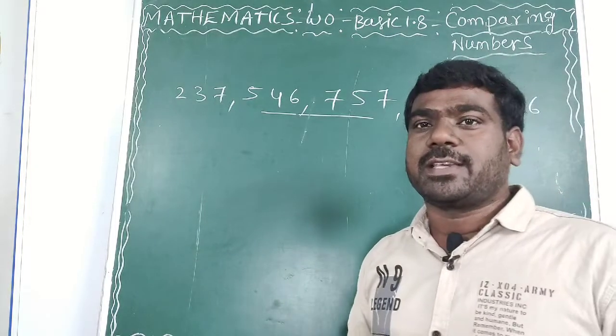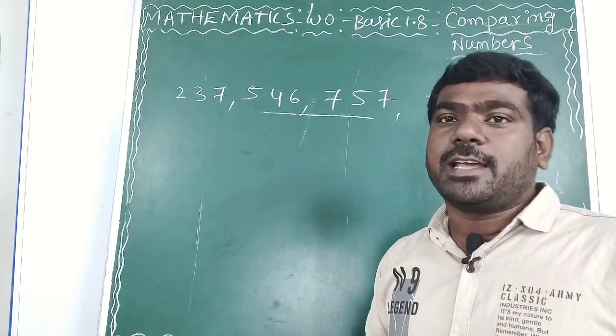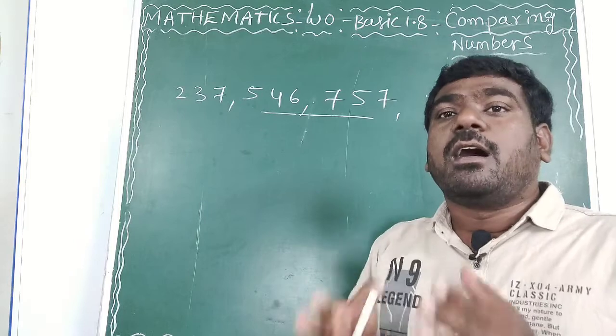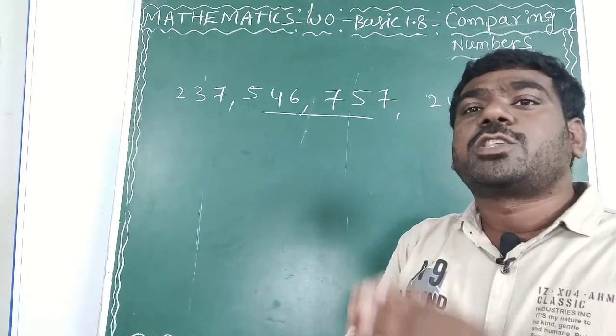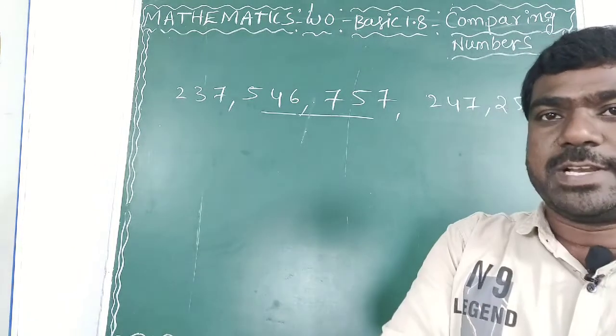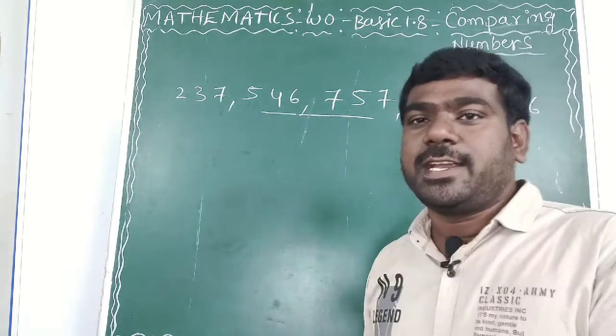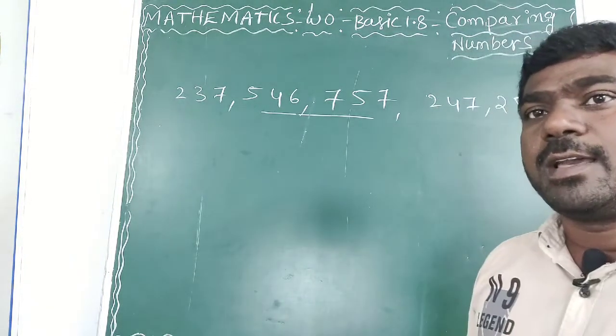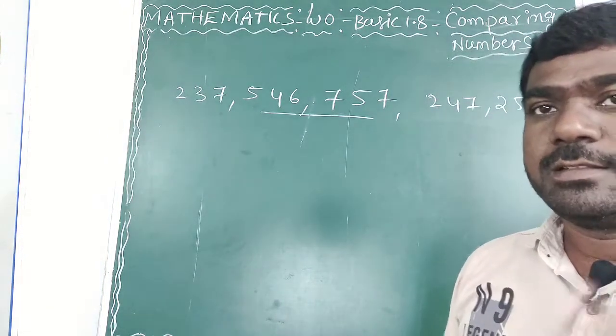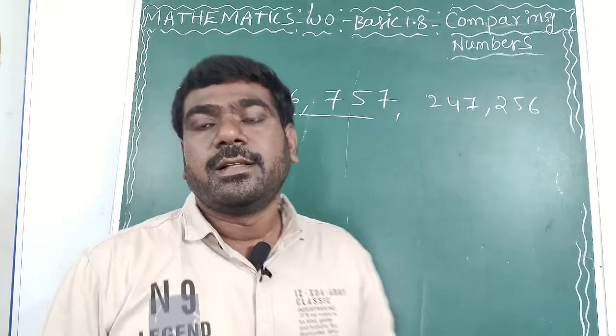What is the meaning of ascending order? Ascending order means the numbers we write from the smallest to the biggest number. That is the definition of ascending order.